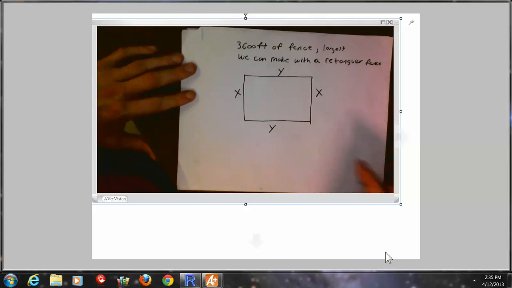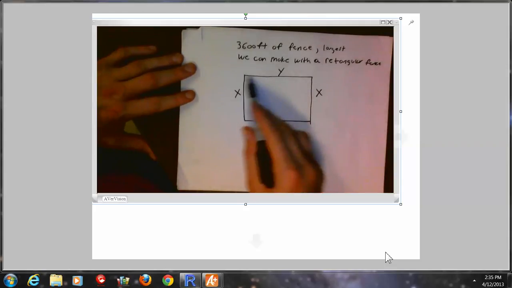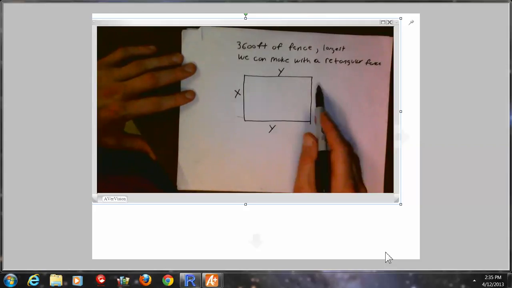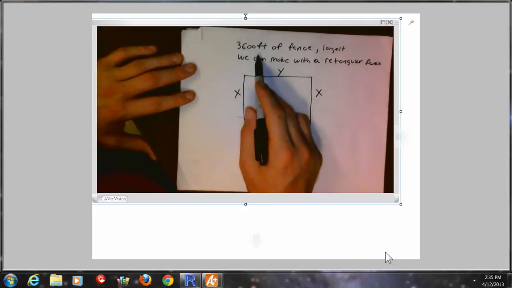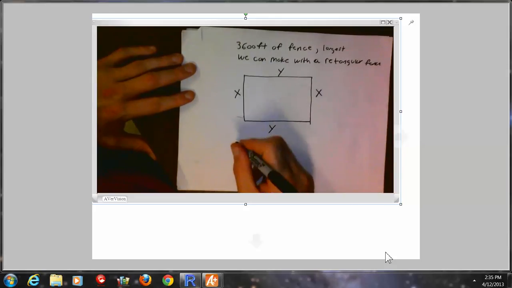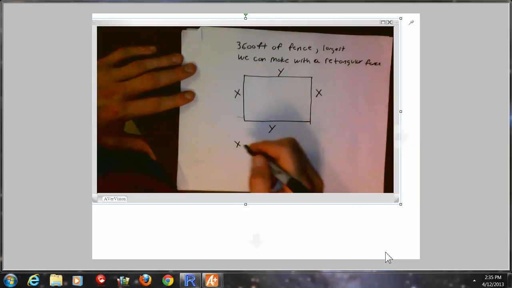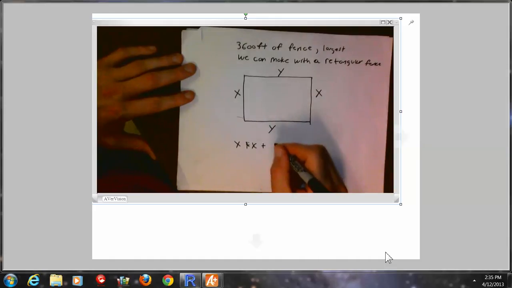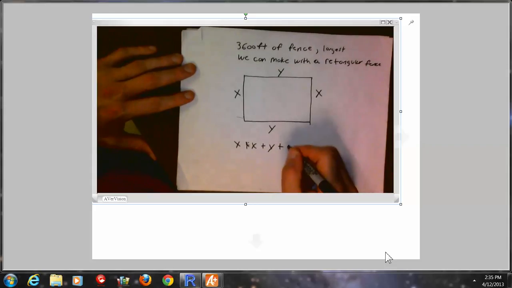All of these have to total up to 3,600 feet, because we want to make it as big as possible, so we want to use all the material we have, but we can't have more than 3,600 feet. So we have x, plus the amount of material on this side, which is also x, plus y, plus the amount on this side, which is also y.